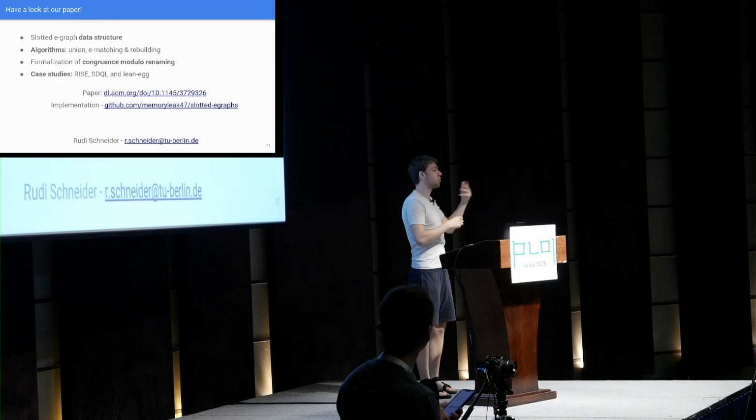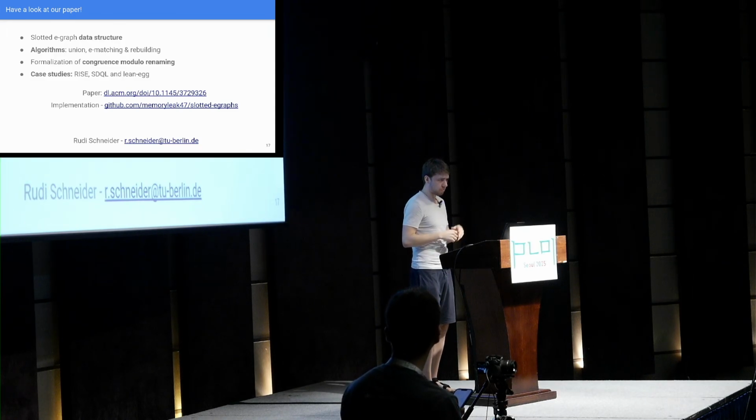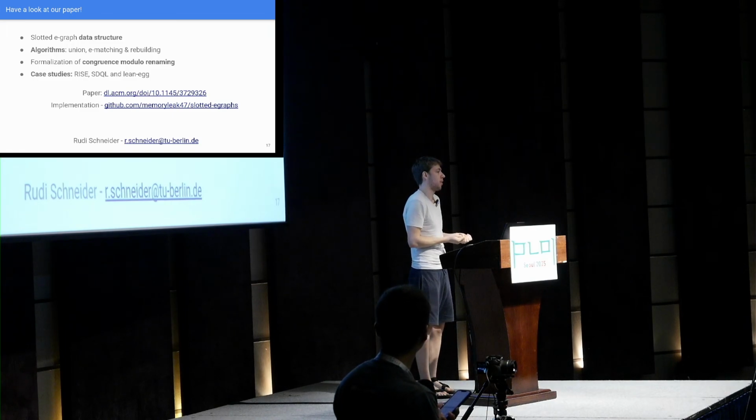So there are multiple notions of rebuilding now, because you're not only propagating equalities, but also that you're not depending on some parameter anymore. So there are some new kinds of propagations happening in rebuilding, but I think algorithmically it doesn't really change that much.